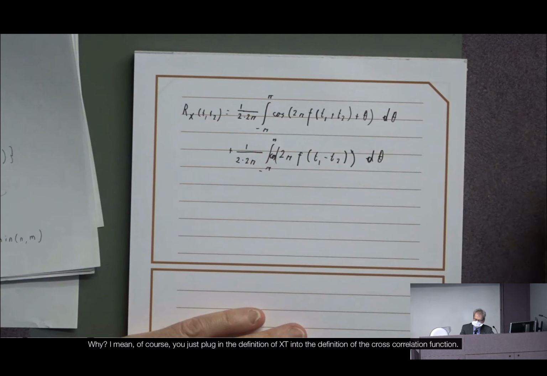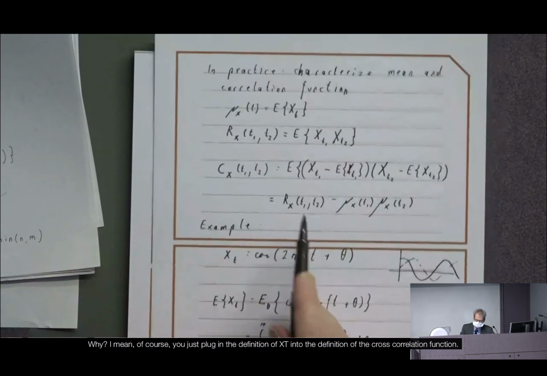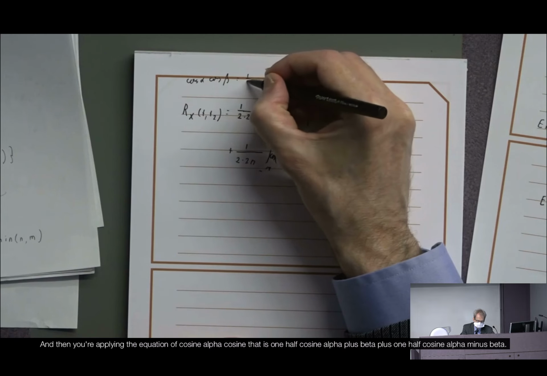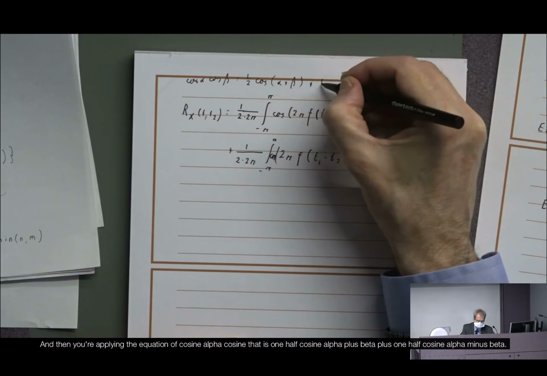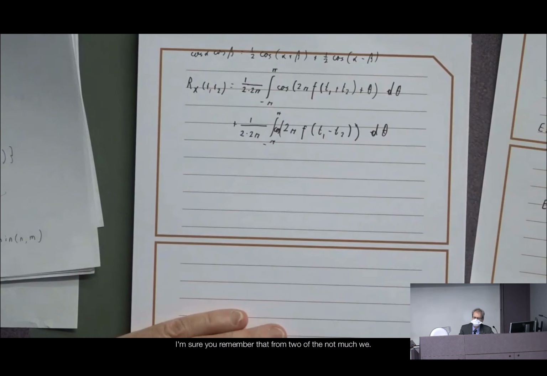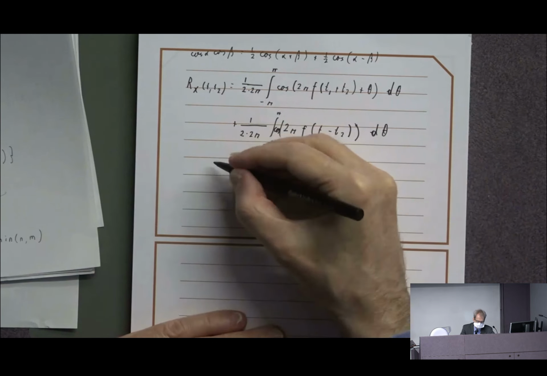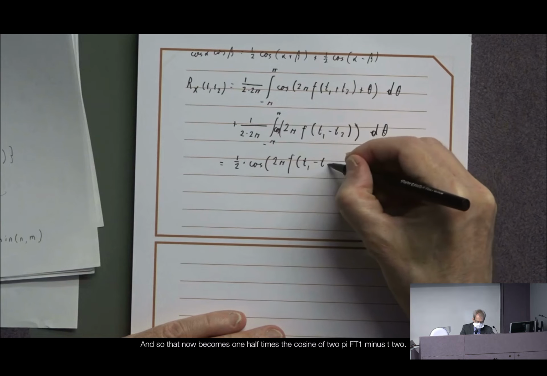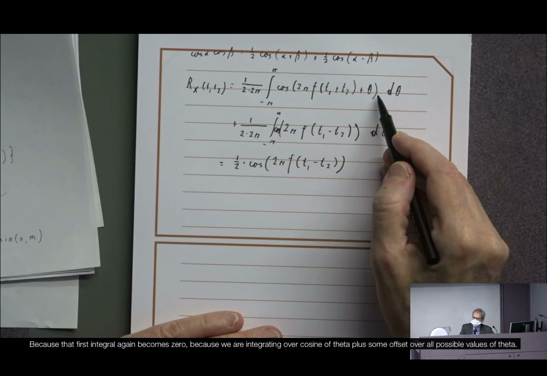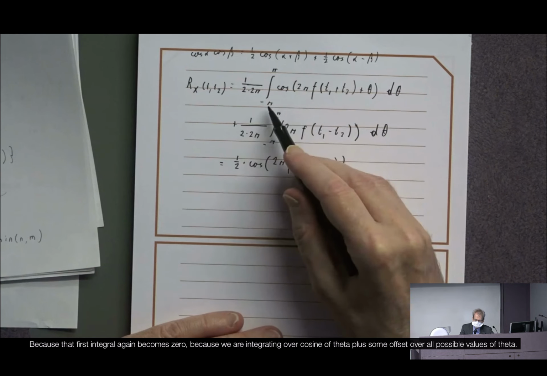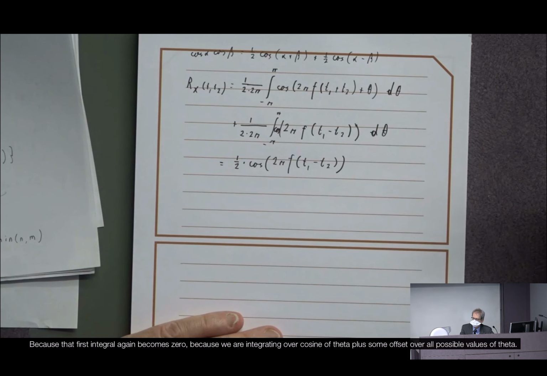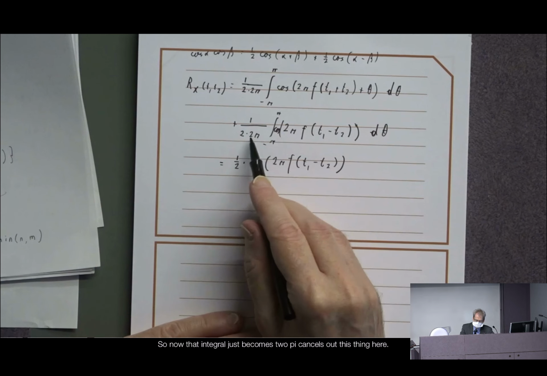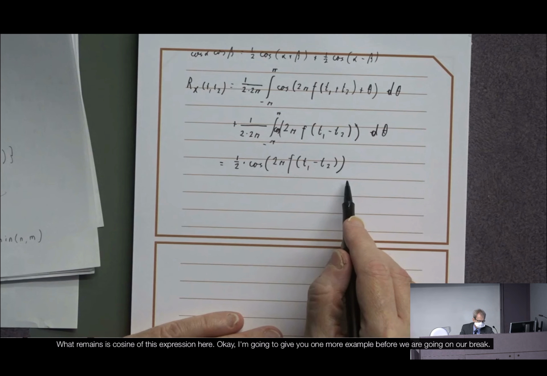I mean, of course, you just plug in the definition of x(t) into the definition of the cross correlation function, and then you're applying the equation cosine alpha cosine beta is 1/2 cosine of alpha plus beta plus 1/2 cosine of alpha minus beta. And I'm sure you remember that from trigonometry. And so that now becomes 1/2 times the cosine of 2 pi f (t1 minus t2). Because that first integral again becomes 0, because we're integrating over cosine of theta plus some offset over all possible values of theta, that always integrates out to 0. That second part doesn't have the theta in it anymore, so now that integral just becomes 2 pi, which cancels out this factor here. What remains is cosine of this expression here.